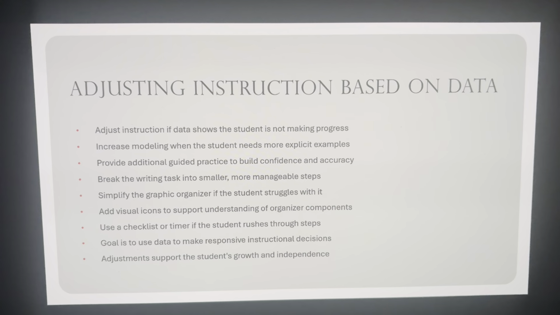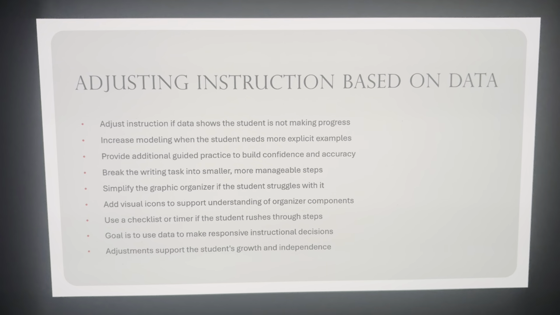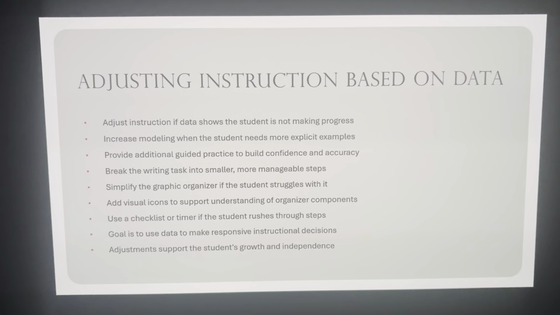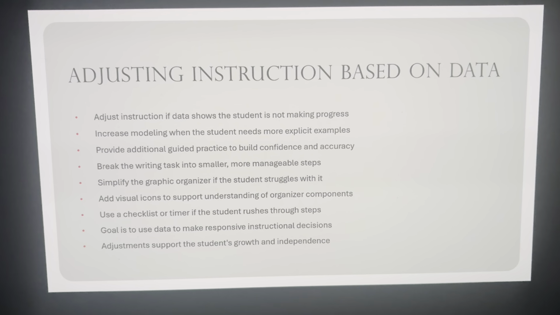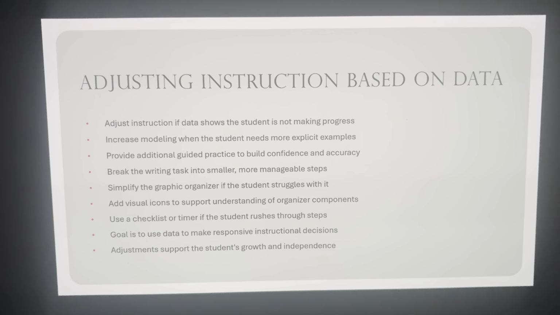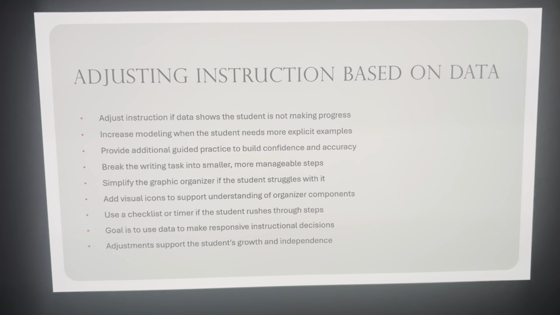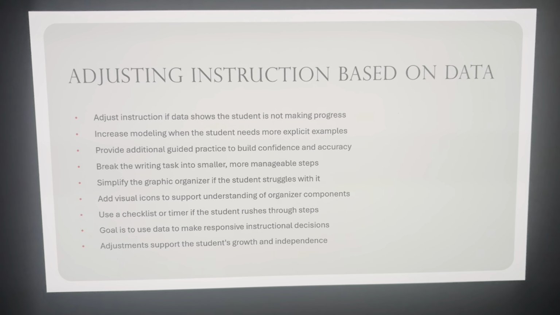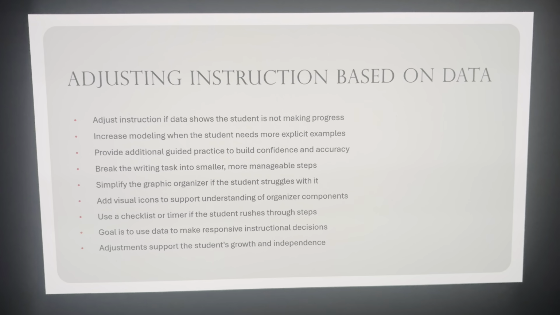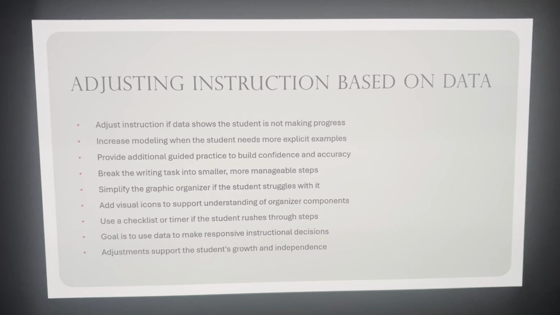If the data shows that the student isn't making any progress, I would adjust instruction in several ways. I might increase the amount of modeling, provide more guided practice, or break the writing task into smaller pieces. If the student is struggling with the organizer, I might simplify it or add visual icons to support understanding.